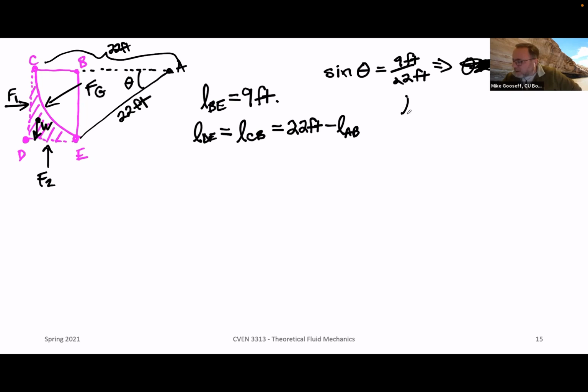So LAB, real quick, as an aside, is equal to, I probably should have done that math differently, but let's see.